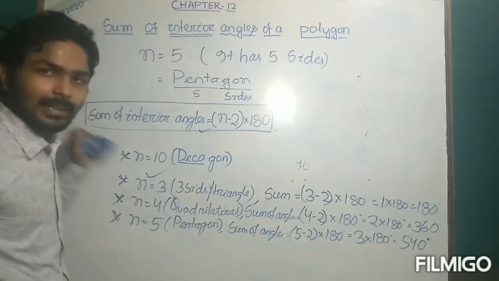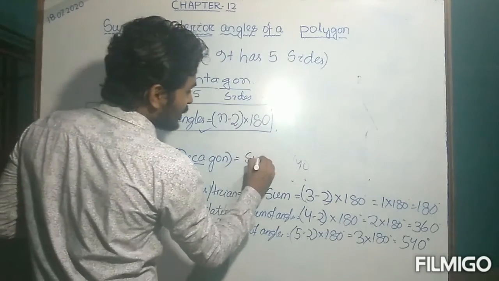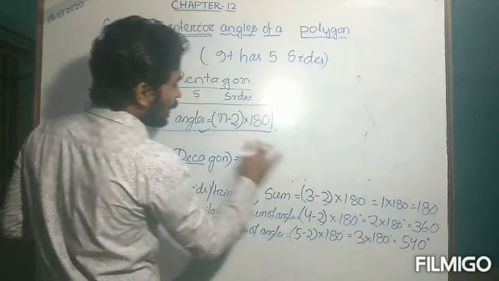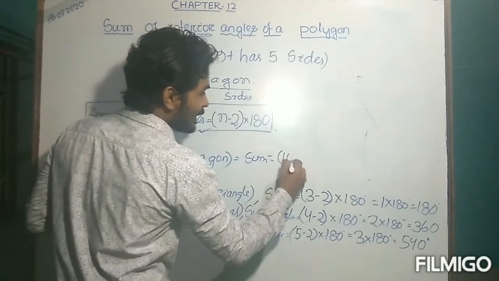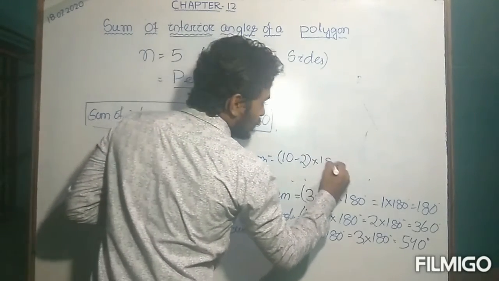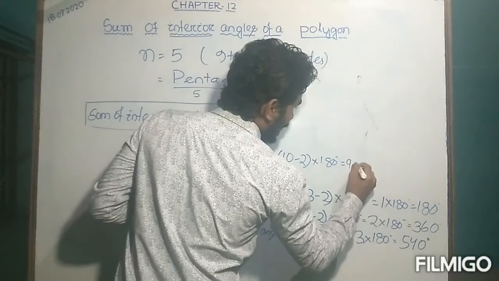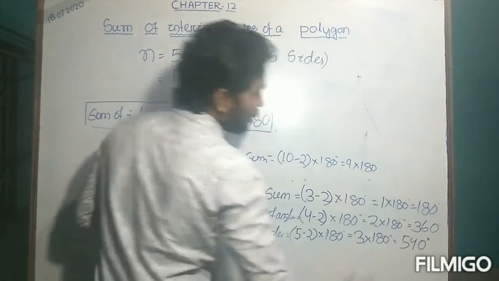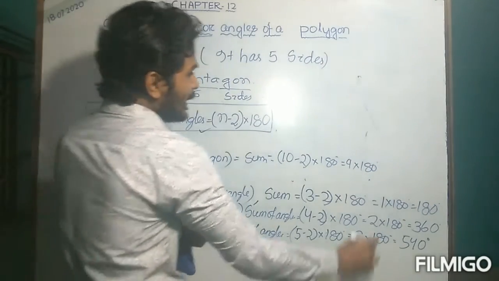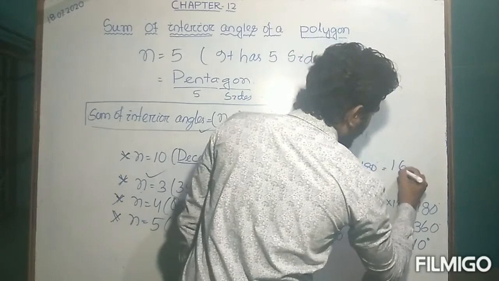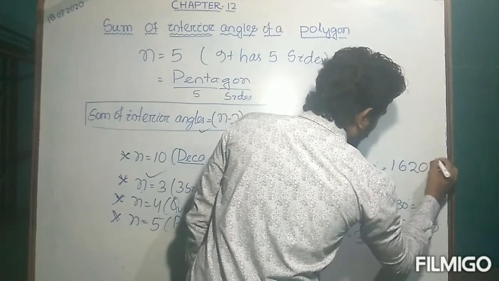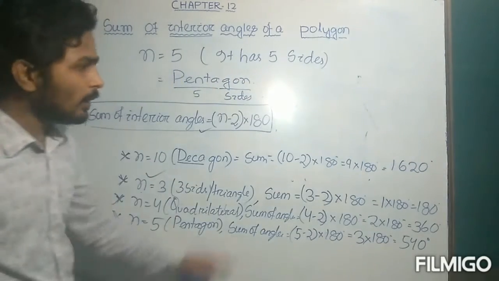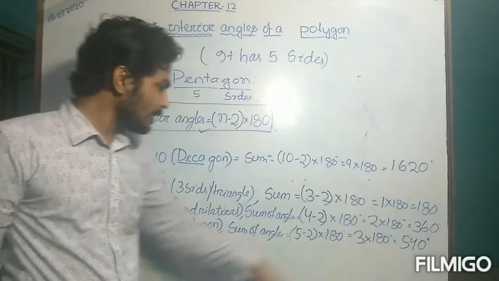So here the sum, using the same formula (n minus 2), here n is 10, 10 minus 2 into 180 degrees, that is 9 into 180 degrees. So it will be 162 degrees by multiplying this. Clear?